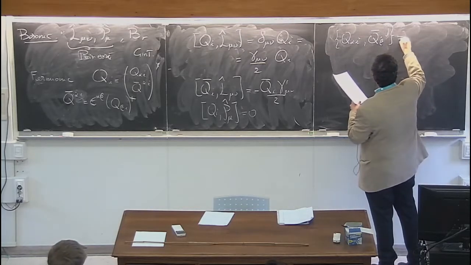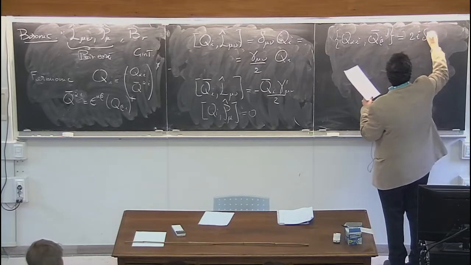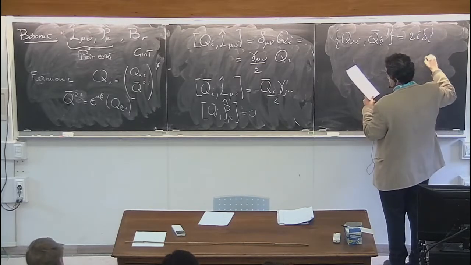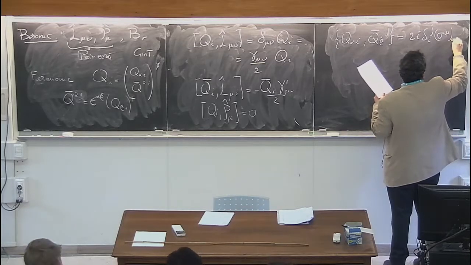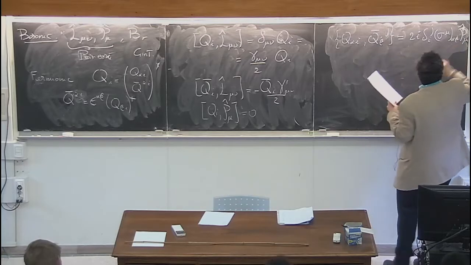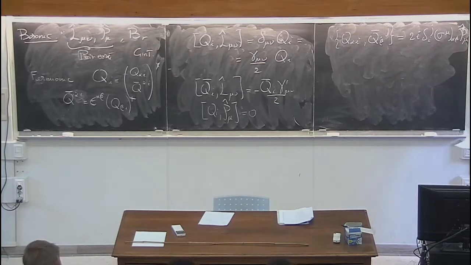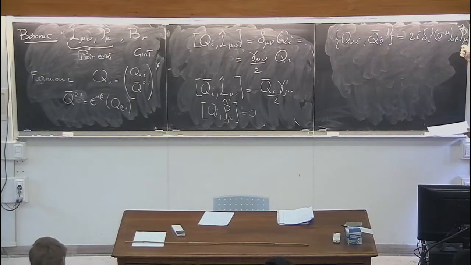This is equal to 2I delta ij sigma mu alpha beta dot p mu. So the anti-commutator of two supersymmetry transformations is a space-time translation. Remember, curly p is the generator of the space-time translation.